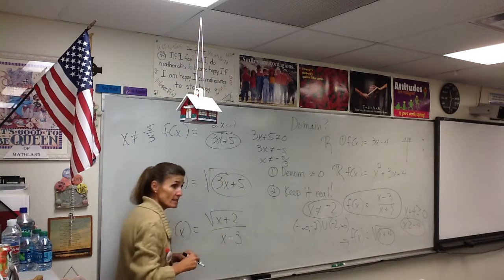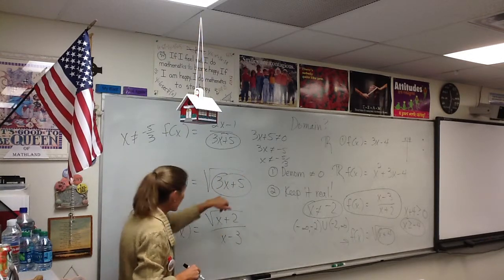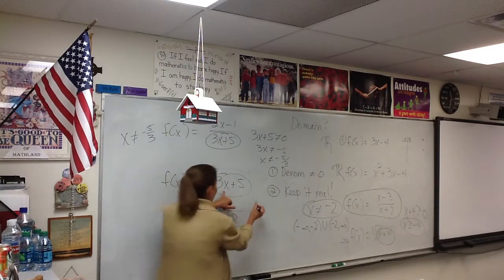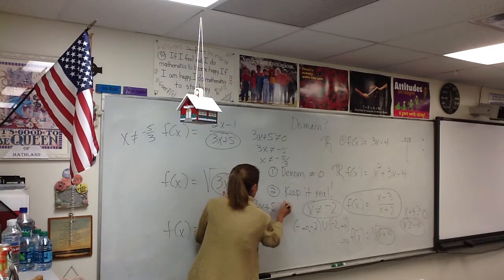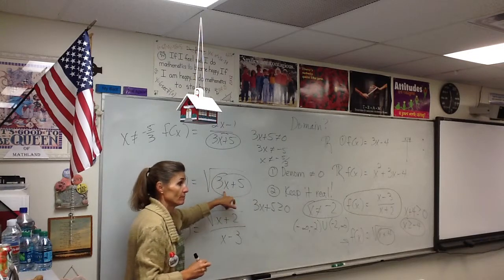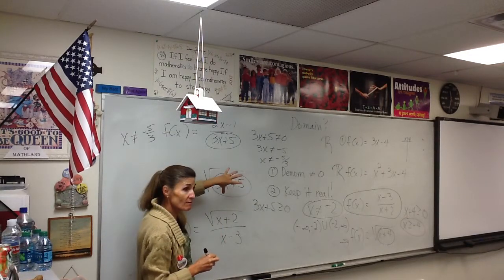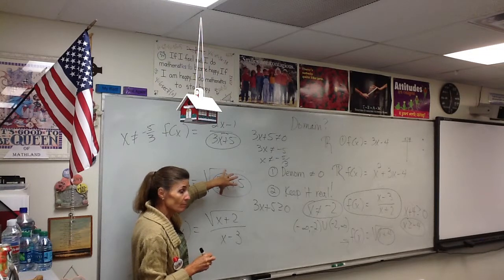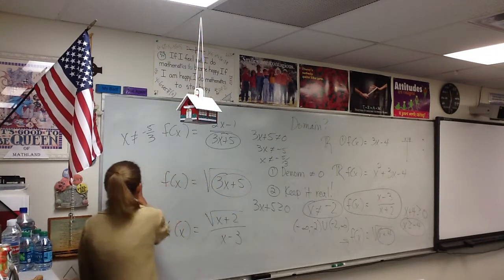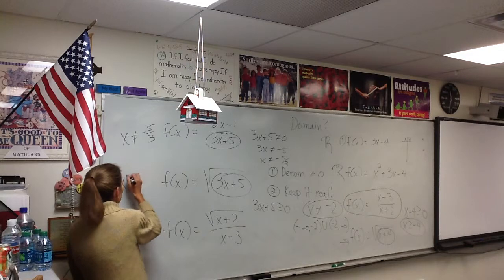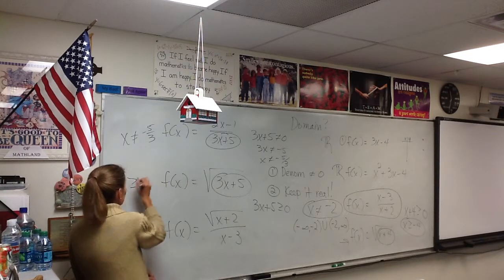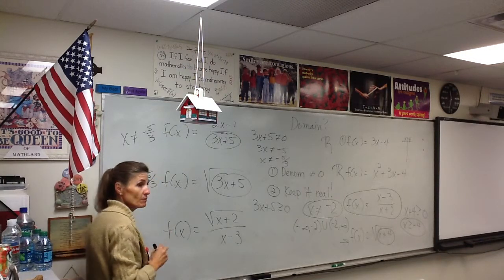No imaginaries, which means this has to be bigger than or equal to 0. Because if I want to be real, don't I have to have a positive number under here? So what's my domain? x is greater than or equal to negative 5/3?